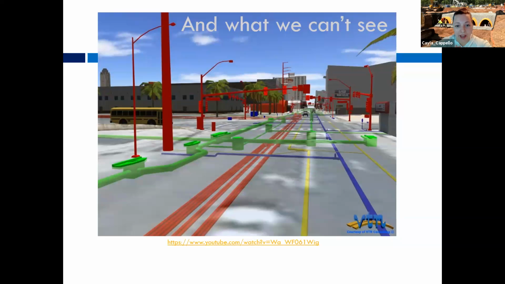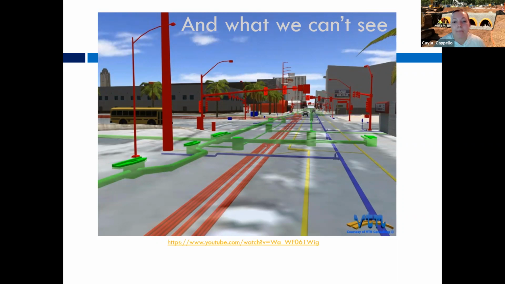You've got a bunch of red lines that are probably some kind of dry utility, probably electric, since they are near a bunch of those street lights and light poles. You've got the blue, which is the water, and those are colors you'll see frequently that are an industry standard to identify different utilities.